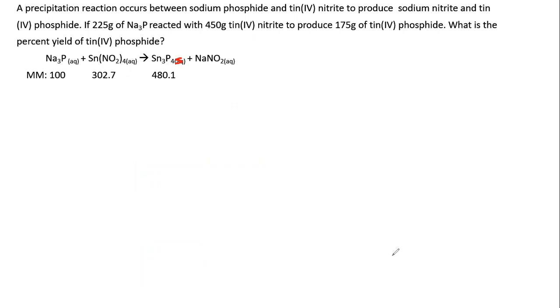Again, percent yield is the actual over theoretical times 100. From the problem, either directly or indirectly, it's going to give you the information about the actual yield. If we read this problem, it says to produce 175 grams of tin-4 phosphide. So this 175 grams is the actual yield. That's something we know.